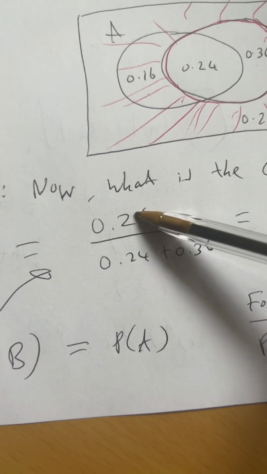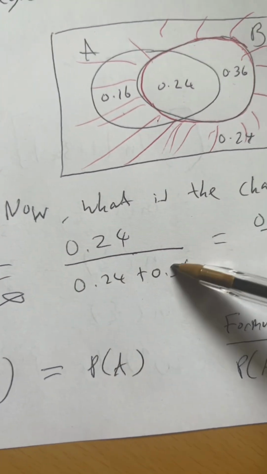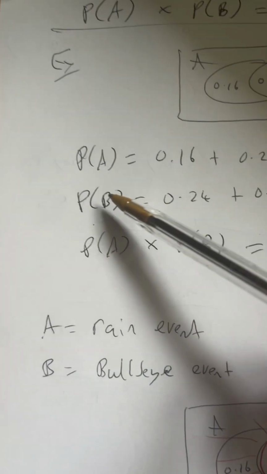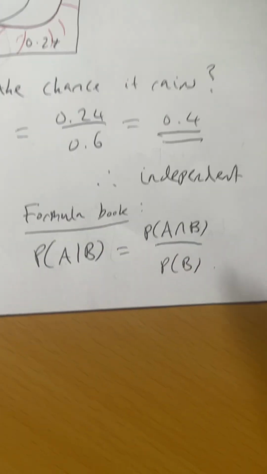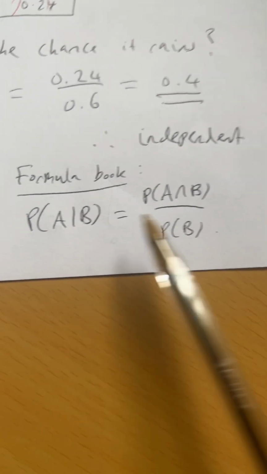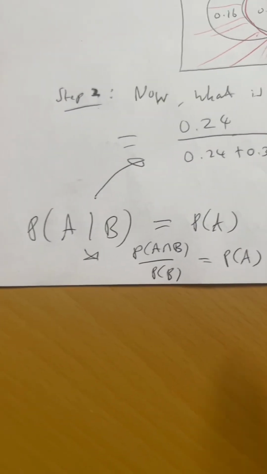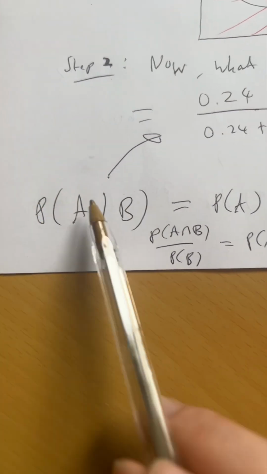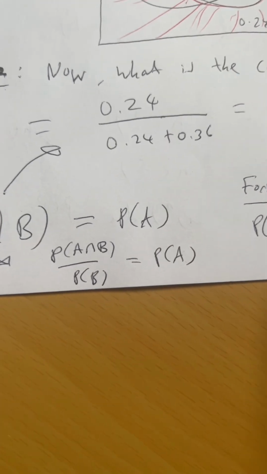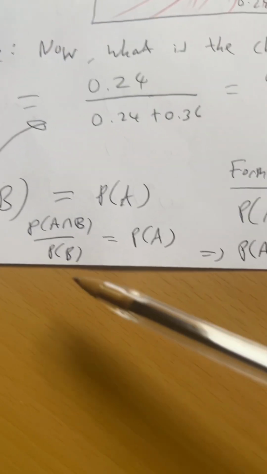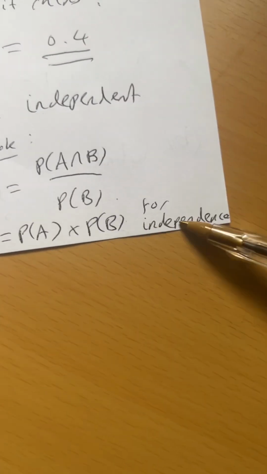This number was the intersection over the probability of B, since everything on the bottom was 0.6, which was the probability of B. You get this formula in your formula book: the probability of A given B is equal to the intersection over the probability of B. Sorry, I'm running out of room a little bit here, but now we know this fraction is equal to the probability of A if it's independent, and you can times both sides by the probability of B, so we get that the intersection probability is the probability of A times the probability of B for independent events.